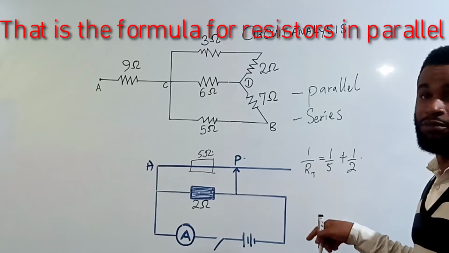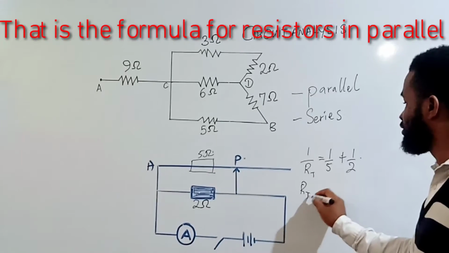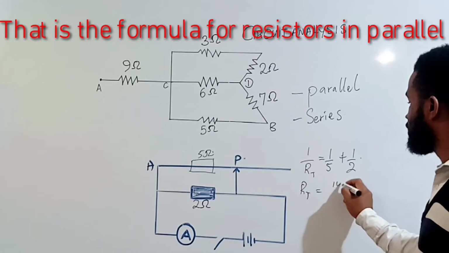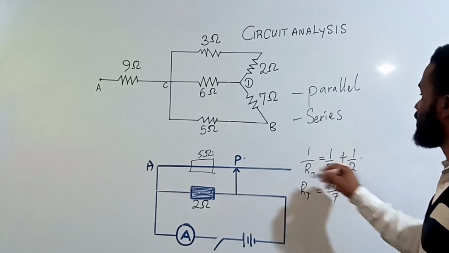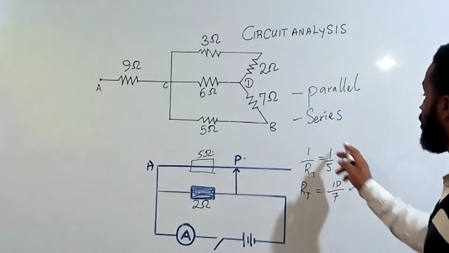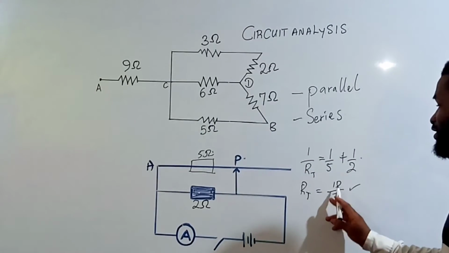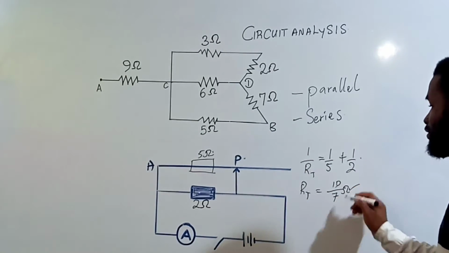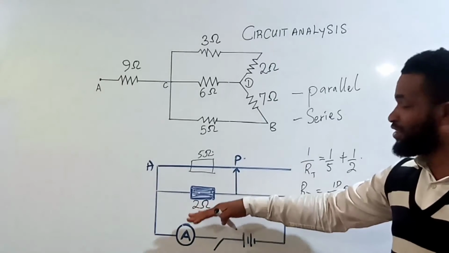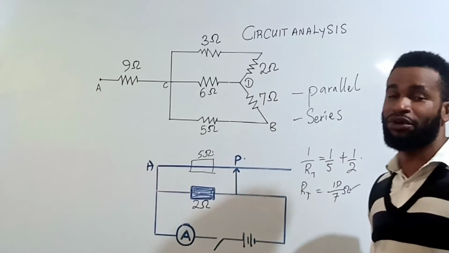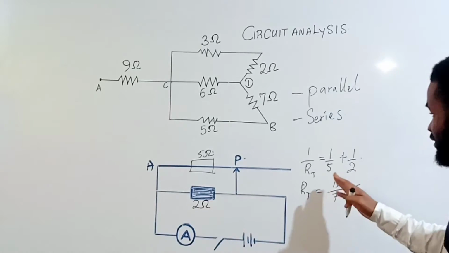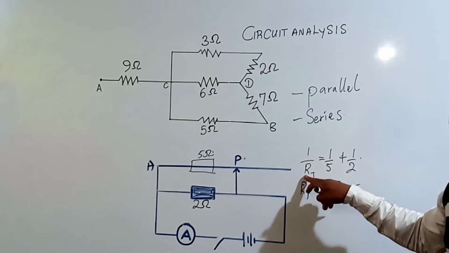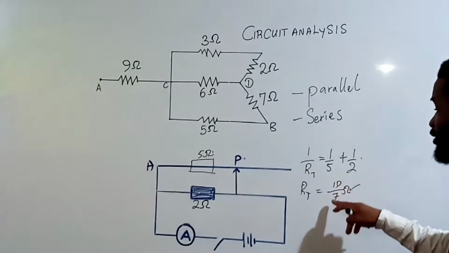This is how to set it up, whereby we see that R total is going to be 10 over 7. If you solve this, you are going to have this 10 over 7 ohms, which is combining this resistor and this resistor when they are in parallel. This is the formula. If you make R the subject of the formula, you're going to have 10 over 7.